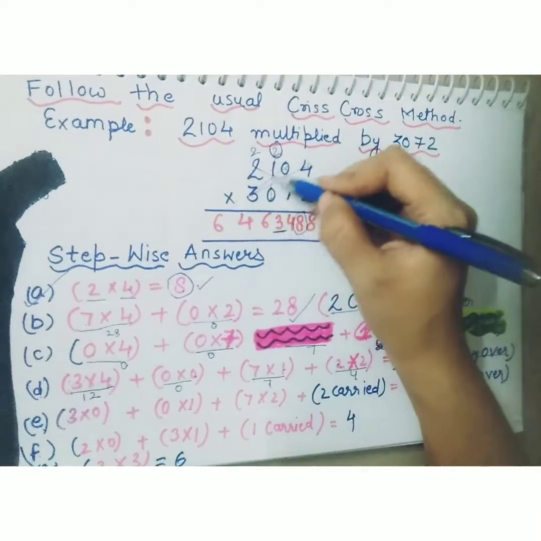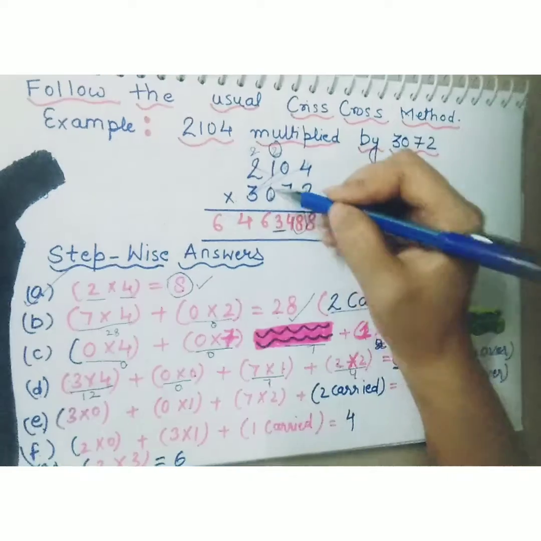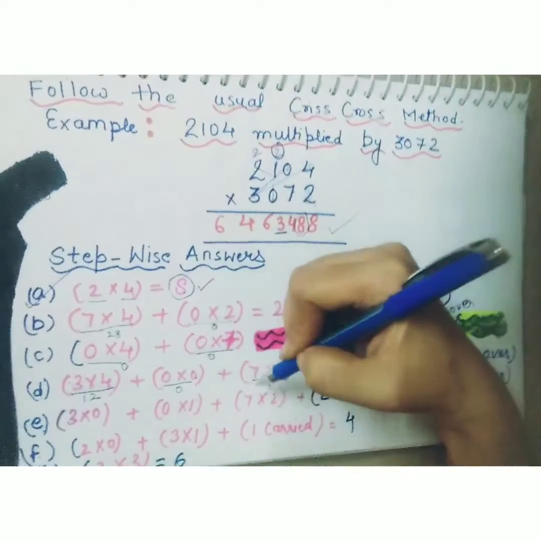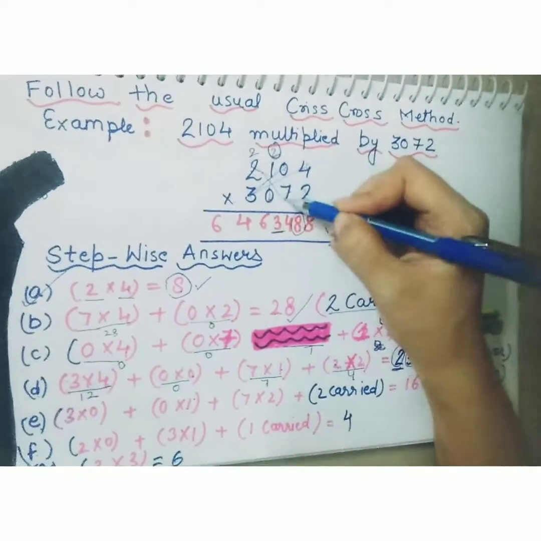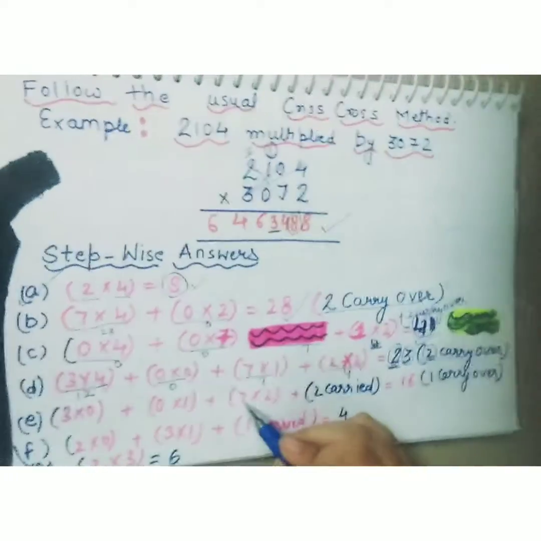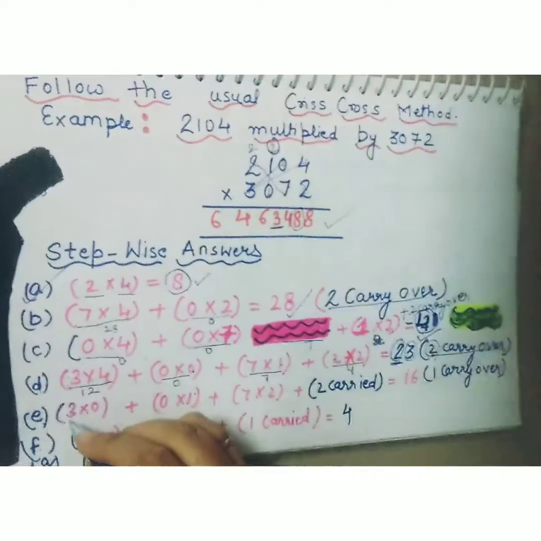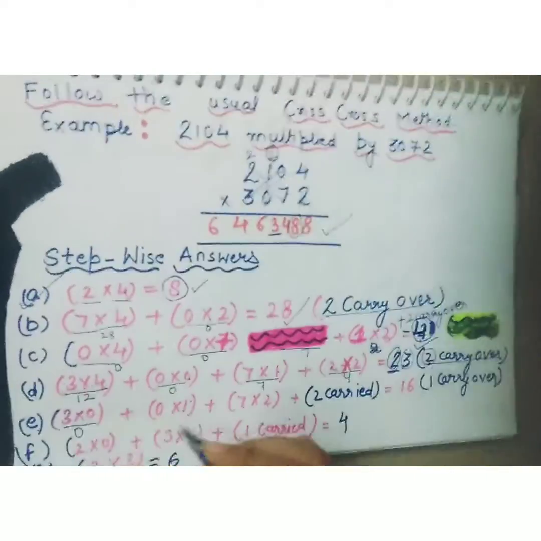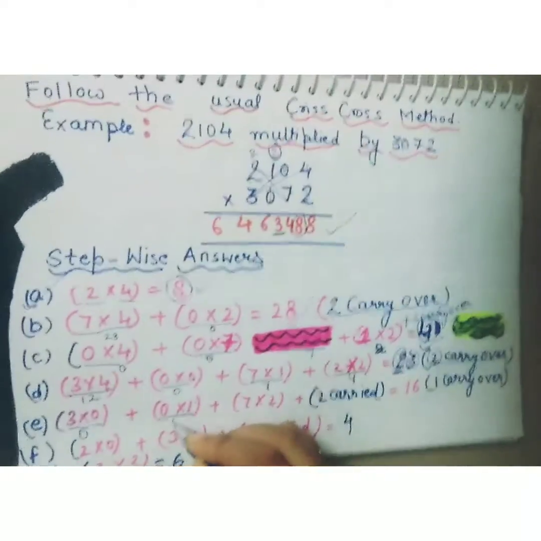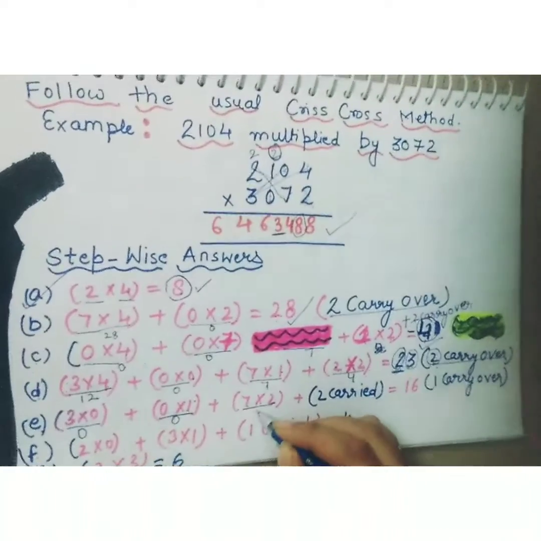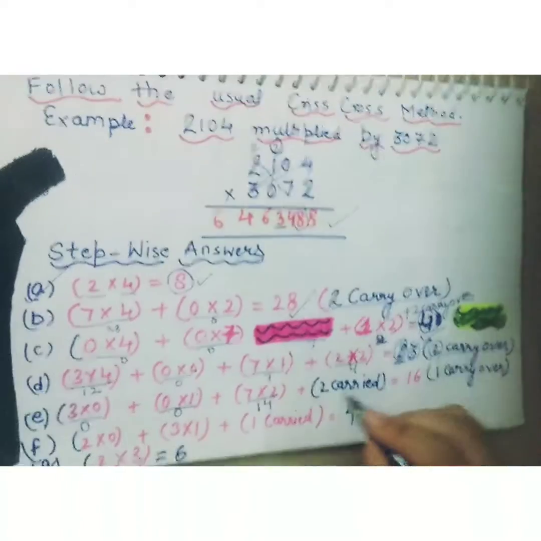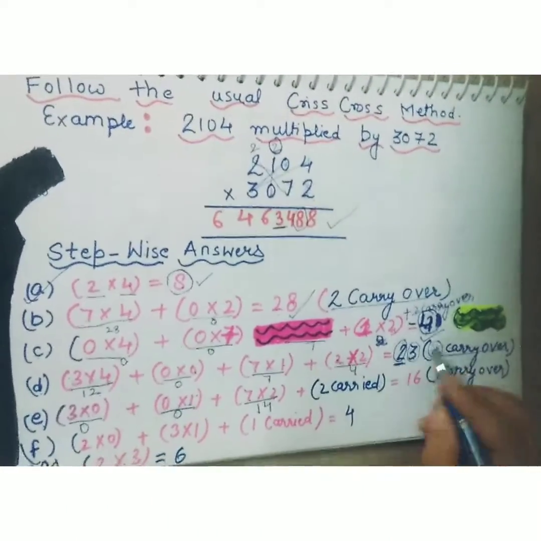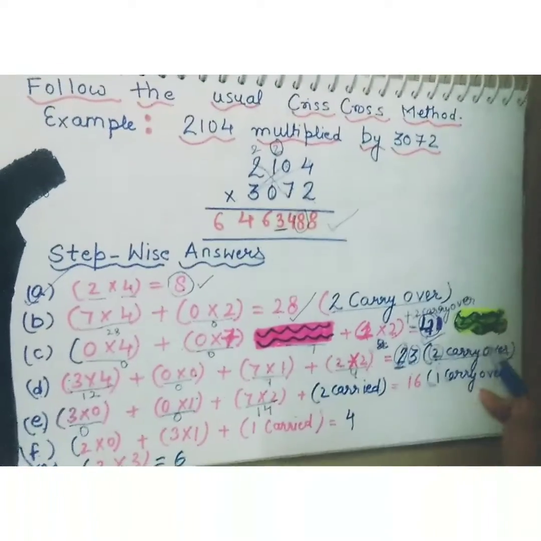I formation: first cross, then I formation, 0 into 1. Then again cross, so 7 into 2. 3 into 0 is 0. 0 into 1 is 0. 7 2s are 14. Plus 2 carried over of step 4.